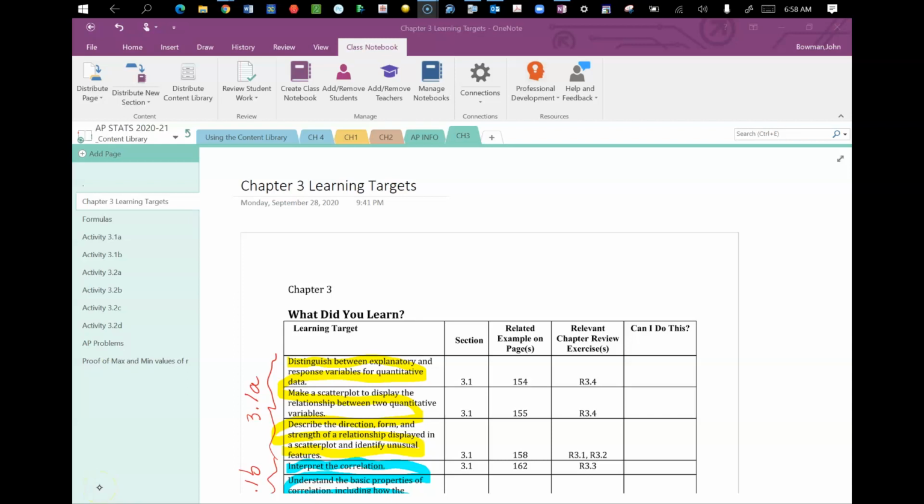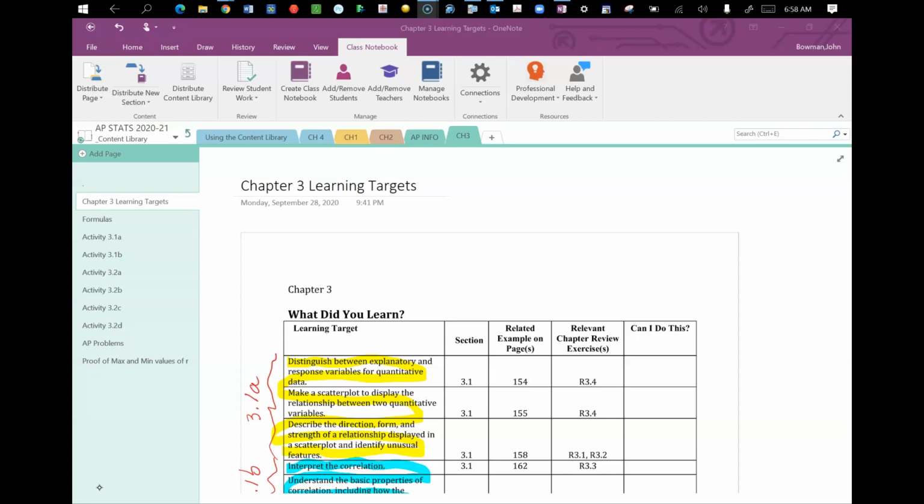I am going to be your instructor for Chapter 3, and I would like to start out with giving you a short description of what Chapter 3 covers. Chapter 3 is strictly about the relationship between two quantitative variables, similar to what we looked at between two categorical variables with two-way tables.